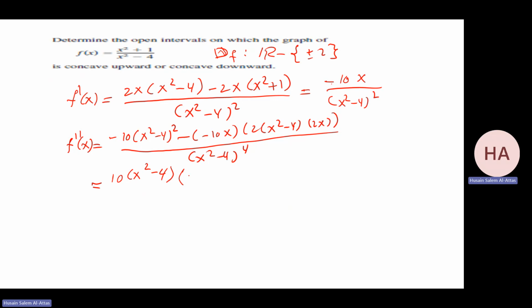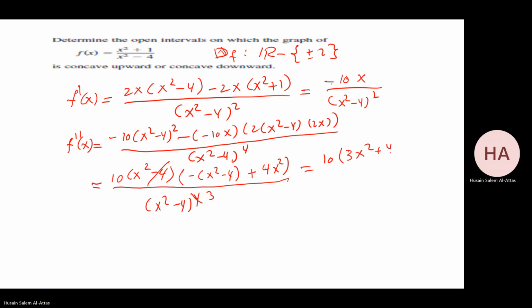So I have what? Minus x squared minus 4, and I have what? Plus 4x squared, over x squared minus 4 to the power 4. So this is cancelled. This is 3. So I have what? 10 times 4x squared plus minus x squared. That would be 3x squared plus 4 over this.